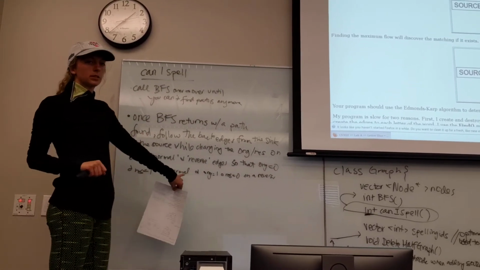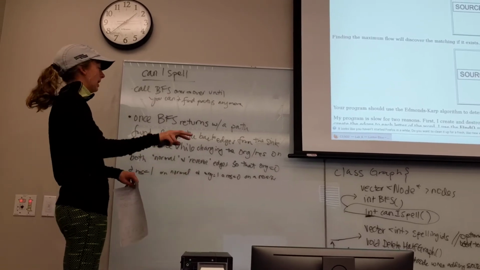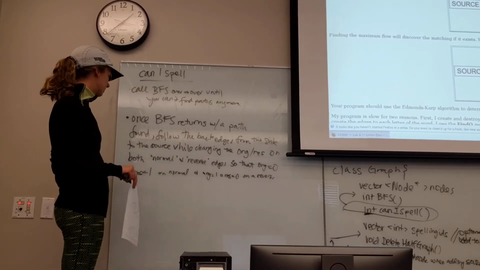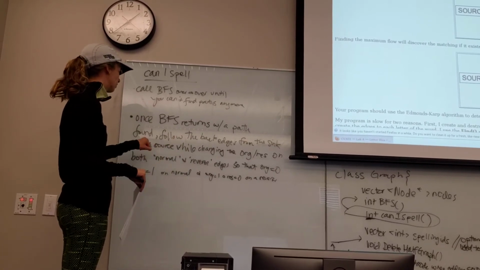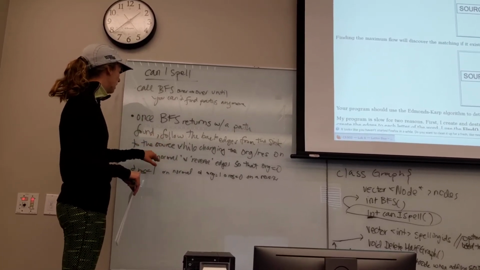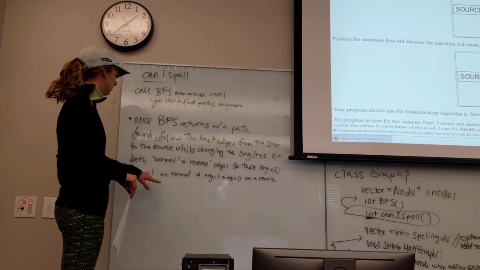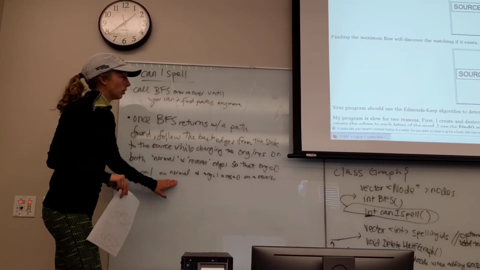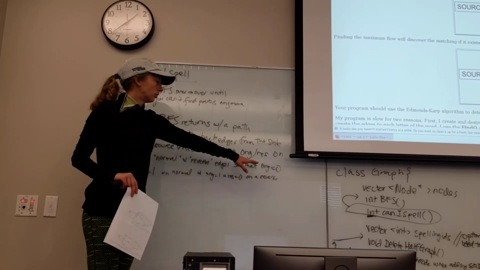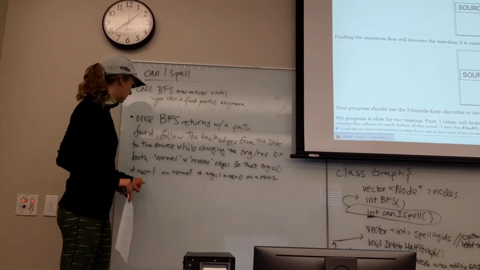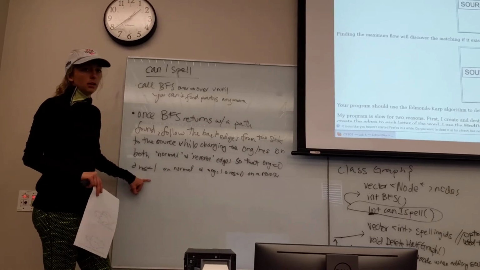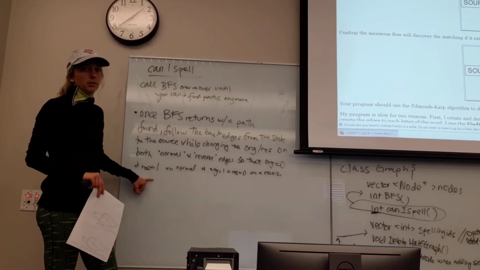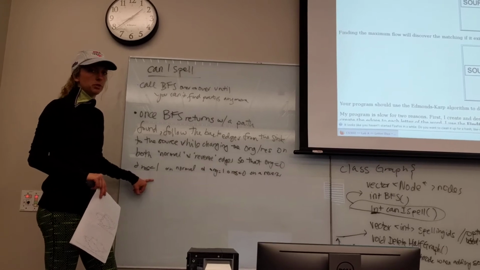So this is representing the backflow. We found a path, and while we're going back through that path, we're going to follow the back edges from the sink to the source. And on the normal edges, remember we set up having the original 1, the residual 0, and now we're changing it. Original is going to be 0 now, because we've been down that path, we've used it up.